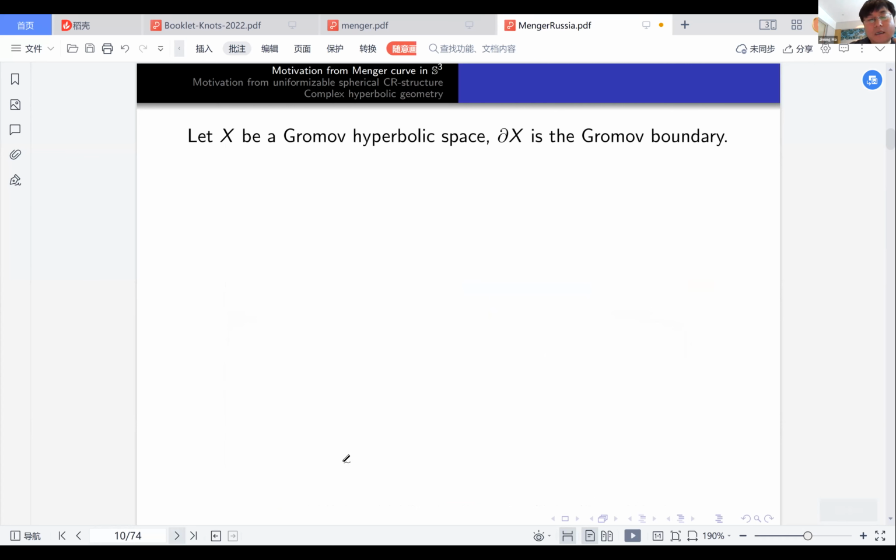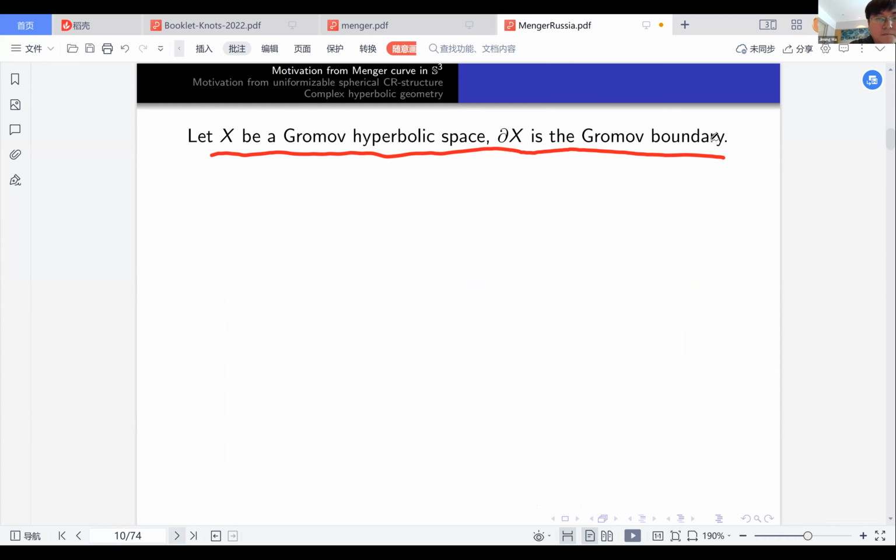Right now we have a Gromov hyperbolic space, and the boundary of X is the Gromov boundary. I will not give the precise definition since it is not important today.